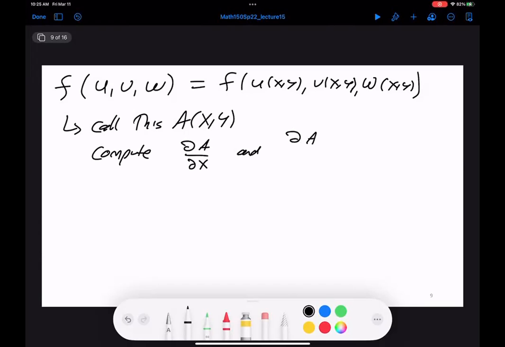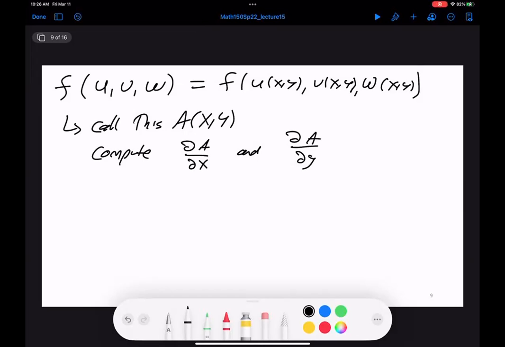It took us 1 minute to learn how to do partial derivatives because of our calc knowledge. If I want to take the partial derivative of a with respect to x, just pretend y is a constant. That's it. Now what I want, though, is to write the partial derivative of a in terms of partial derivatives of f and partial derivatives of u, v, and w. So this is very similar to your chemistry class, where you're trying to break a complicated compound into simpler pieces, maybe all the way down to the atoms or whatnot.